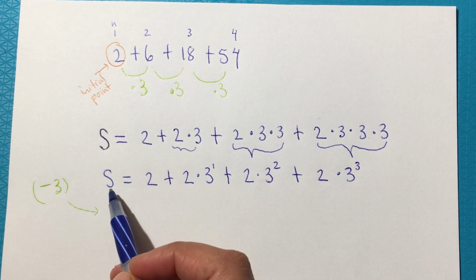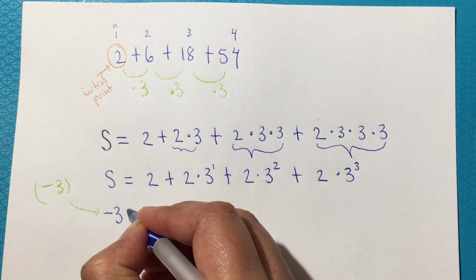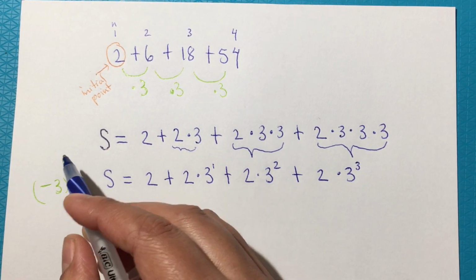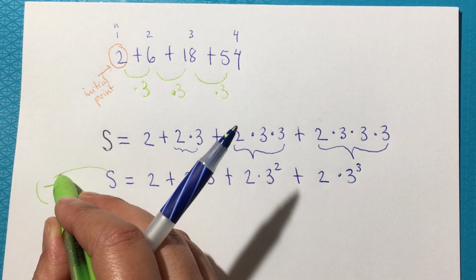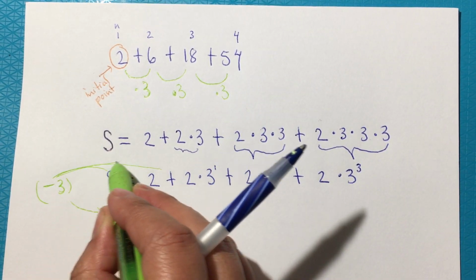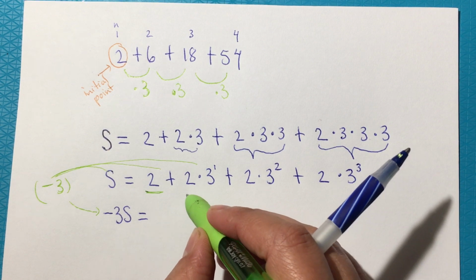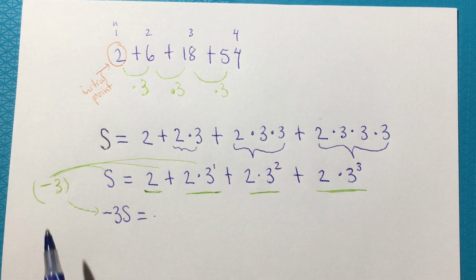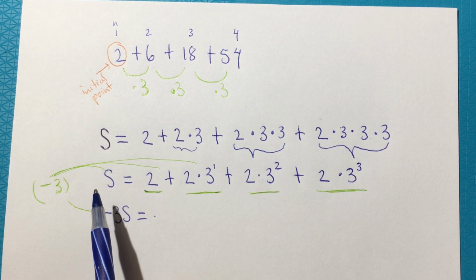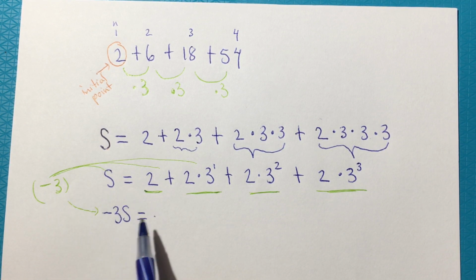So negative 3 times s is negative 3s, right? I'm multiplying this negative 3, which is the ratio, but the opposite, times each term. This is one term, this is another term, and another term per se. So negative 3 times s is negative 3s.